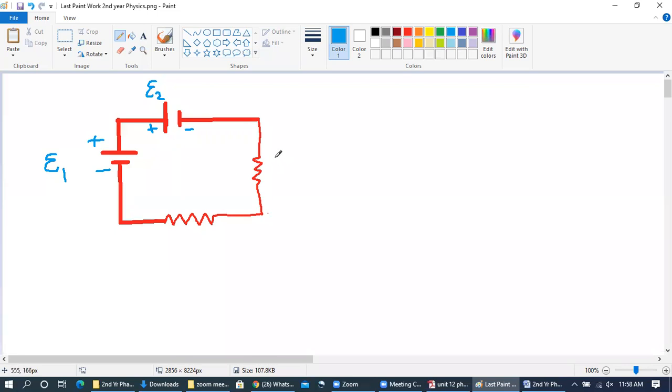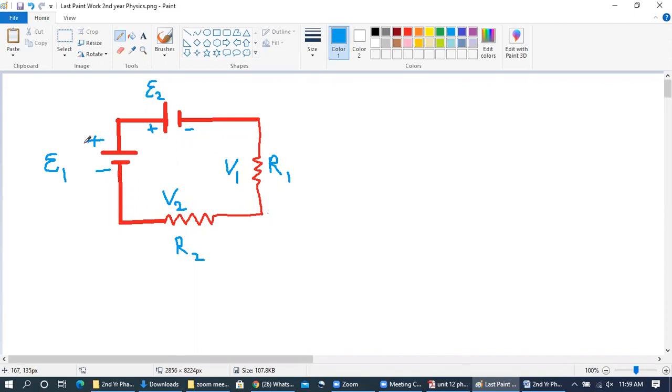Then let us consider that this is the first resistance, R1, while the other resistance is R2. Let us consider that the voltage across R1 is V1, and the voltage, meaning potential difference, across R2 is V2.